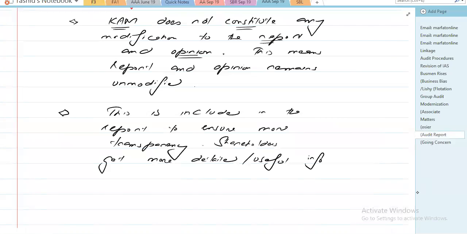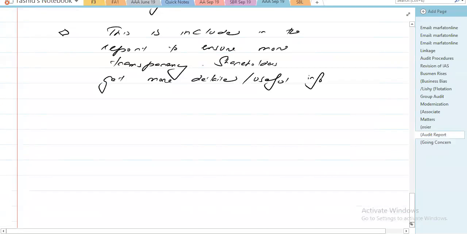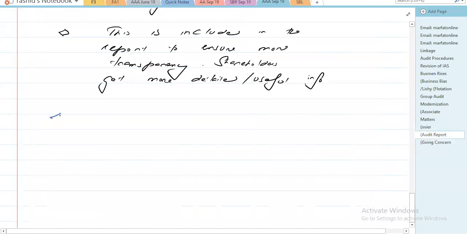Obviously they have paid you a lot for the audit, so it is your responsibility to present some useful information to them about what you have done. So the CAM covers or discusses three things.